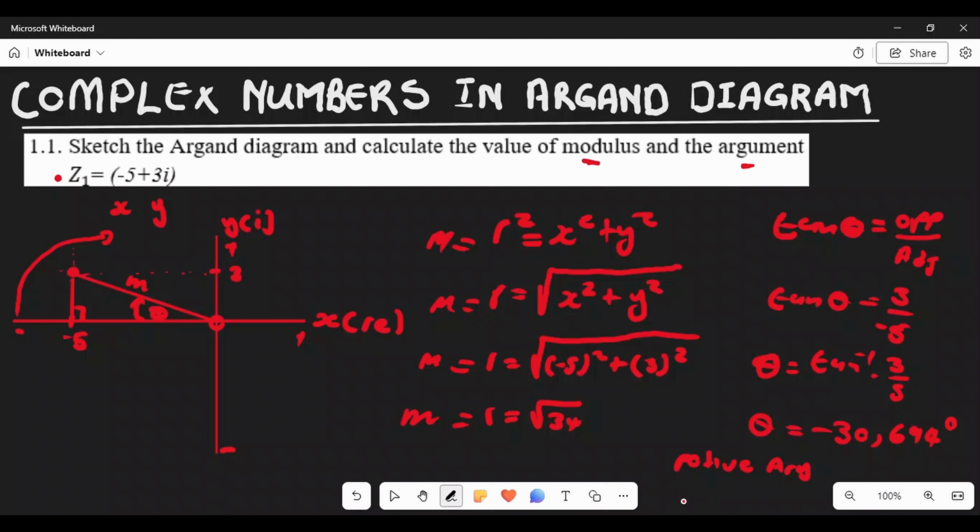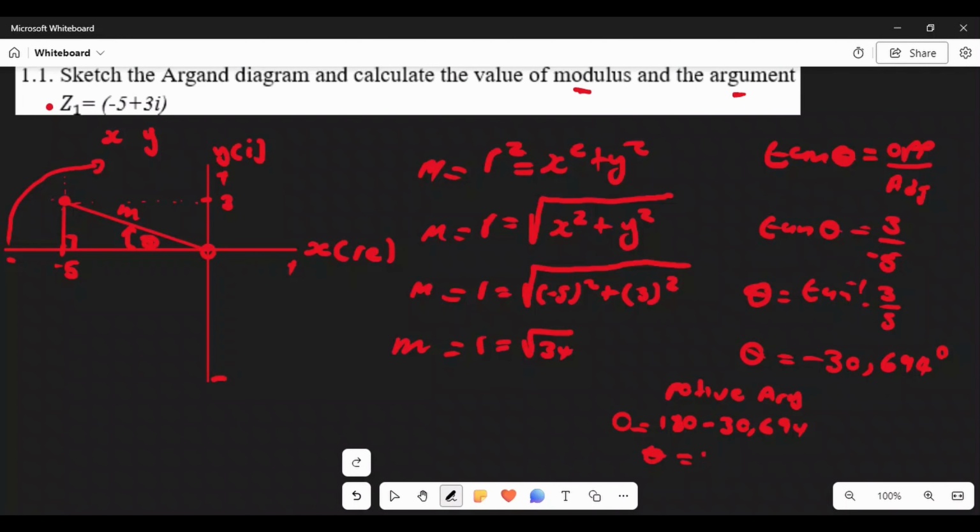So here's how you're going to do it. You're just going to say 180 minus 30.964. So the answer that you're going to get here, guys, is going to be 149.036 degrees. Guys, only when they say find the positive argument, you're going to do this.